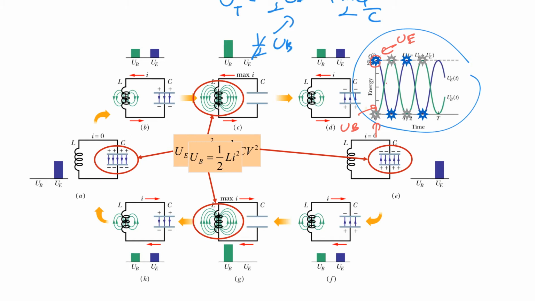But once it goes halfway, half is stored in the electric field and half is stored inside the magnetic field. But next, once the capacitor is fully discharged, there will be no energy there. So the energy stored is going to be fully at the inductor. So you can see that it's going to oscillate back and forth.